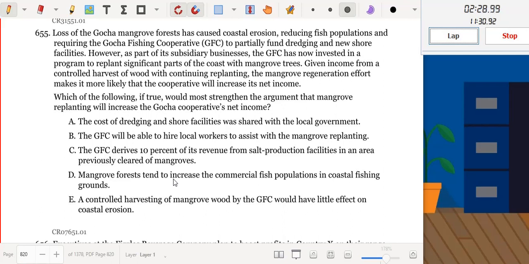The cost of dredging was shared with local government. No. The GFC will be able to hire local workers to assist management. So what? The GFC derives 10% of the revenue from surplus in the area. No. Mangrove forests tend to increase the commercial fish population in coastal regions. Okay.